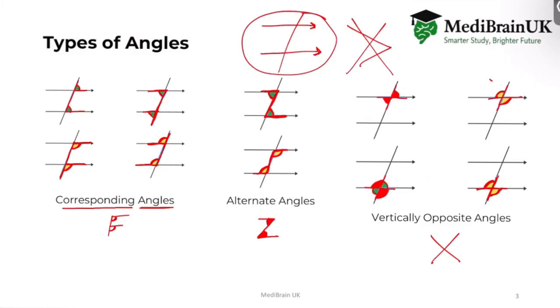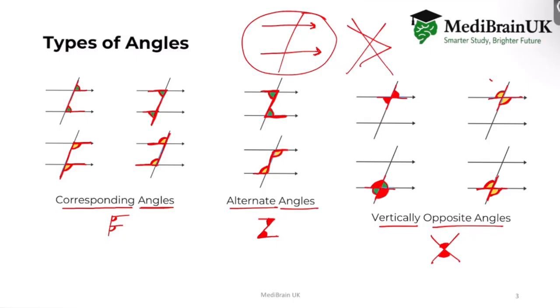So that's corresponding angles, alternate angles, and then vertically opposite angles. Three key ones that you need to know. There's another one that we're going to look at on the next slide, but these are the three letters that you need to be aware of: F for corresponding, Z for alternate, and X for vertically opposite.